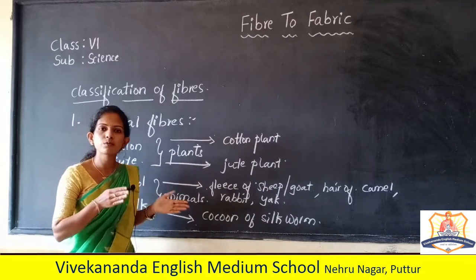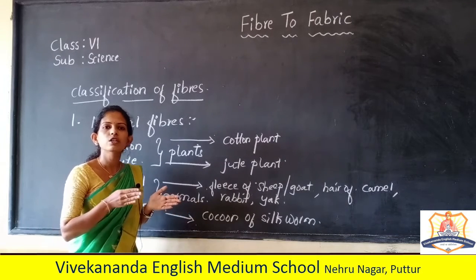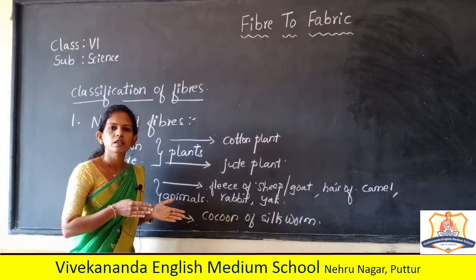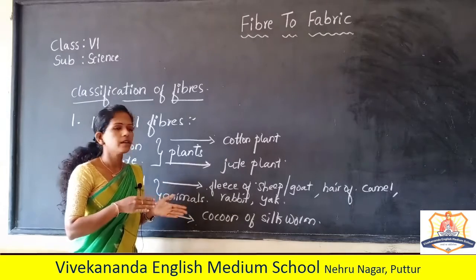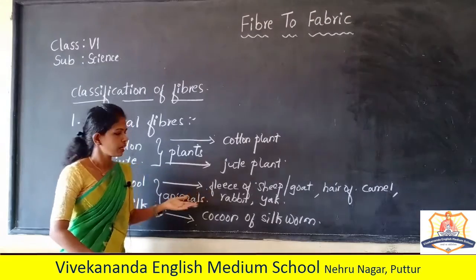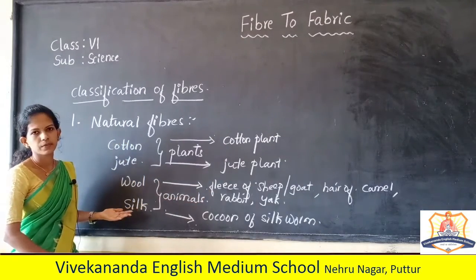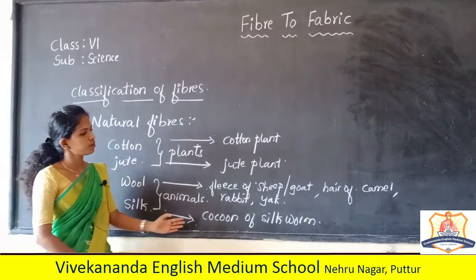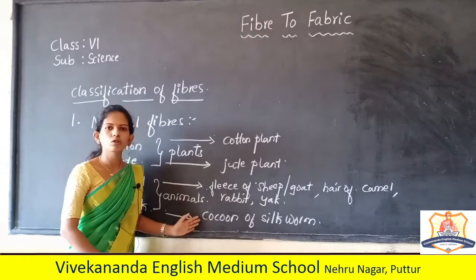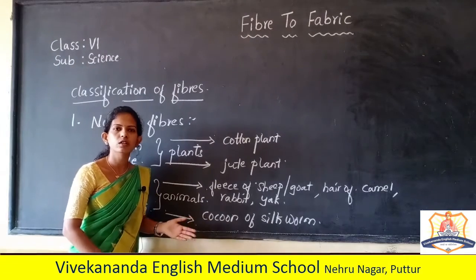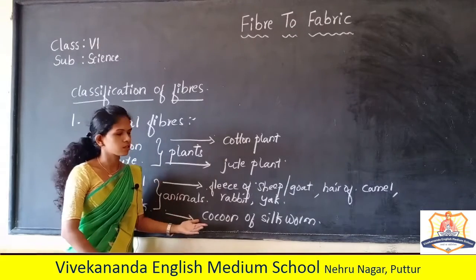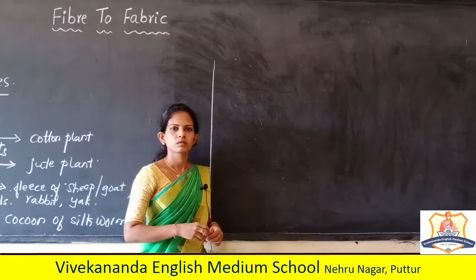The hair is removed, that process is called shearing, and yarns are prepared from those fibers. Then the silk. Silk is obtained from the cocoon of the silkworm. As I told, the silkworm covers itself in a structure that is called a cocoon.